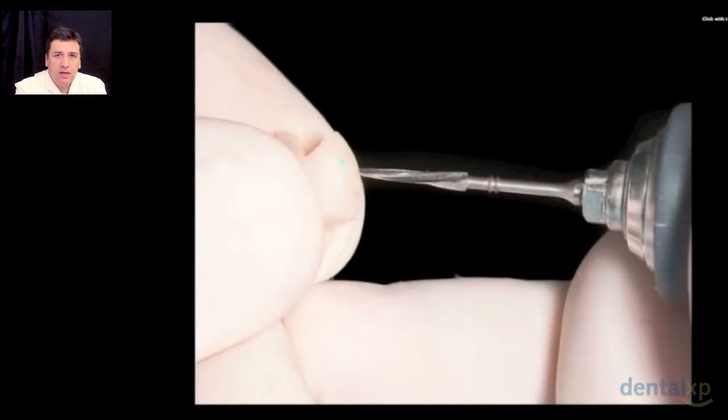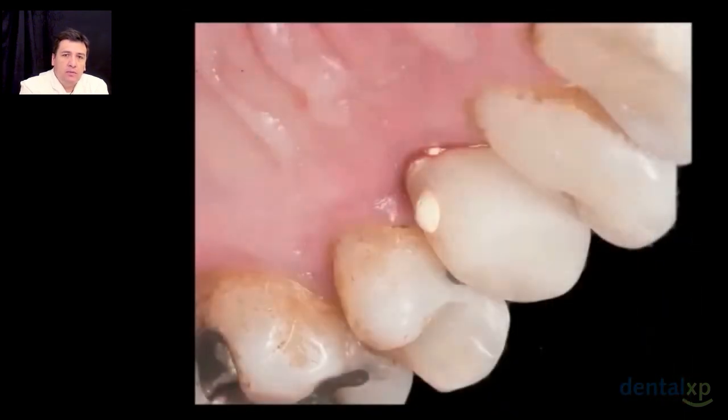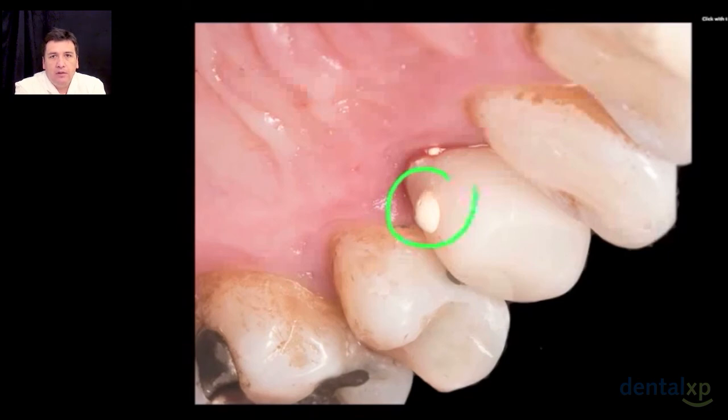What we are seeing right now is a little trick. It's a little hole in the palatal aspect to let the filling or the luting cement escape from that chamber, and in that way the luting cement will be out of the soft tissues like we are seeing here.